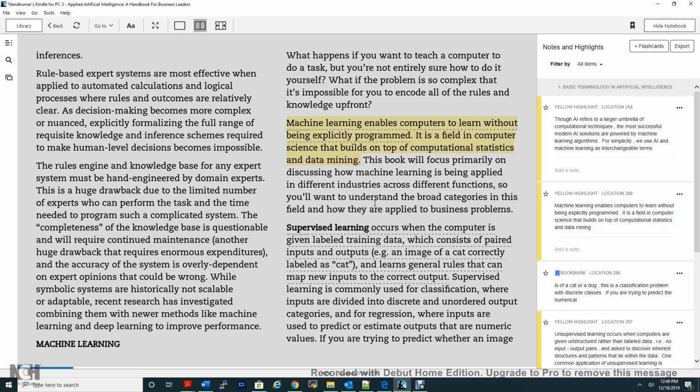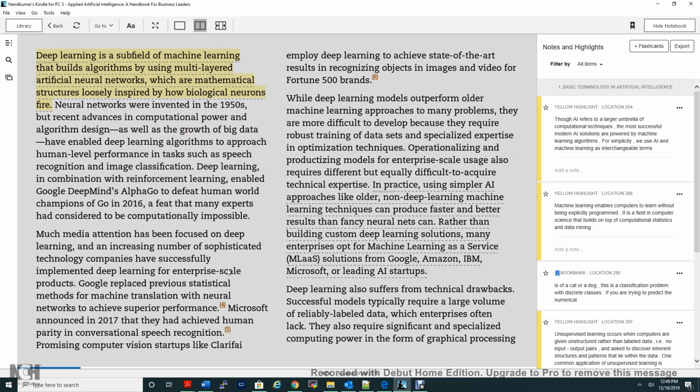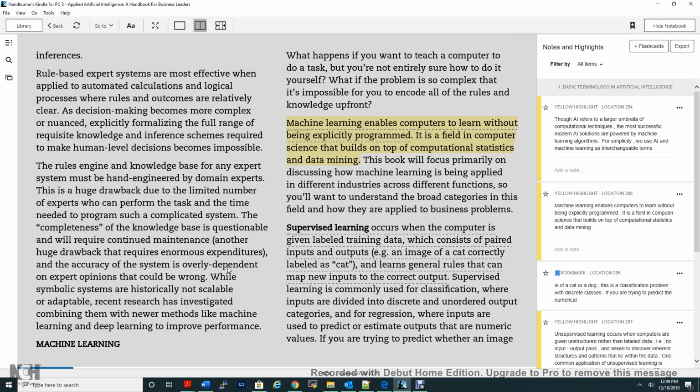The subsection covers supervised learning, unsupervised learning, reinforcement learning, and semi-supervised learning. These are the four main categories. In supervised learning, you give the computer labeled data, paired with inputs and outputs. Let's say the image is correctly labeled as cat for the cat, dog for the dog, or car, aeroplane.